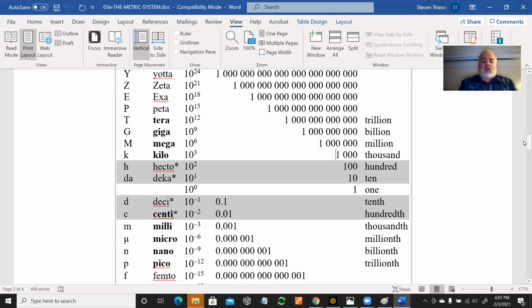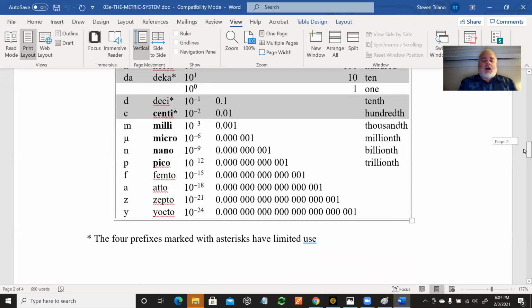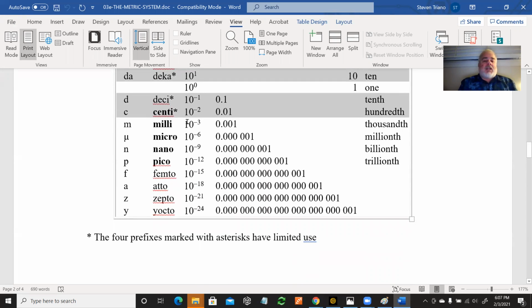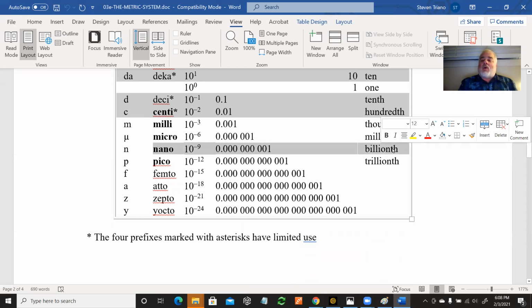They're not that practical. On the smaller side, milli, 1/1000th, micro, 1/1,000,000th, nano, 1/1,000,000,000th, and we talk about nanotechnology, right? So nano, I'm sure you've all heard of nanotechnology, but pico is becoming more common, just like peta on the large scale.